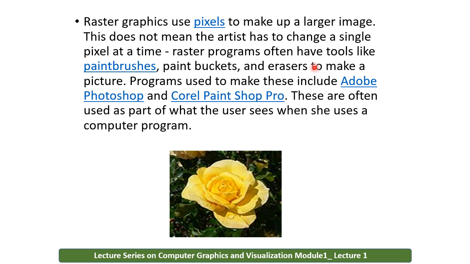I think you have used Paint, how you can draw with the help of erasers, lines, paint brushes, and paint buckets, which fill a particular color onto a shape, so that part of the pixels is assigned some color. Or if you want to erase that, with the help of erasers we can erase the pixels, or whatever is being done on the monitor. So this is how raster graphics take place.